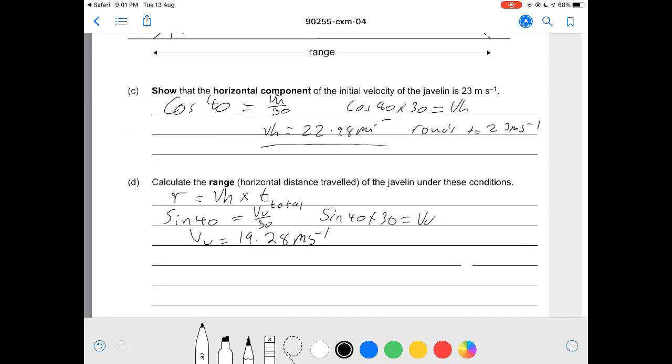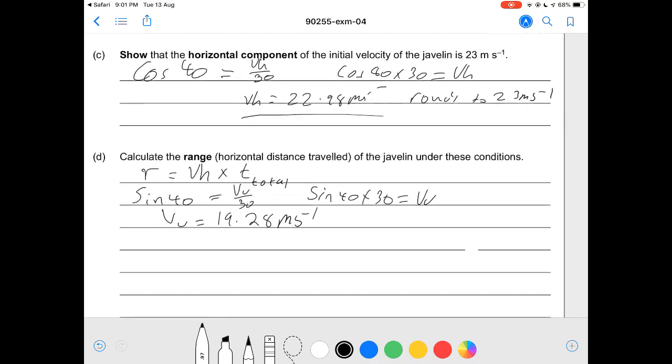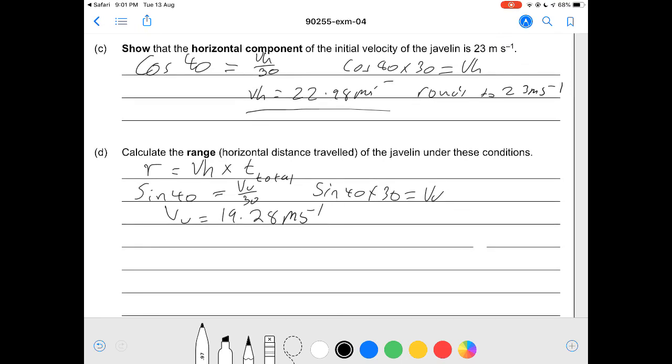In this case I'm throwing the javelin, and the 19.28 meters per second occurs immediately after I throw it. As soon as I throw it, it has a vertical velocity of 19.28 meters per second. That means our VI is equal to our VV. So VI is equal to 19.28 meters per second.